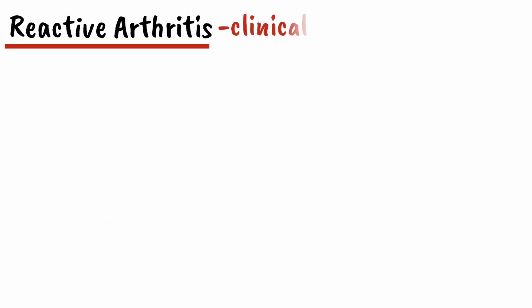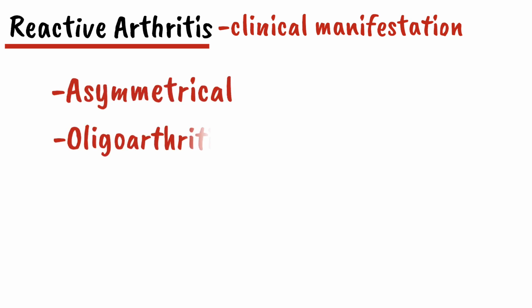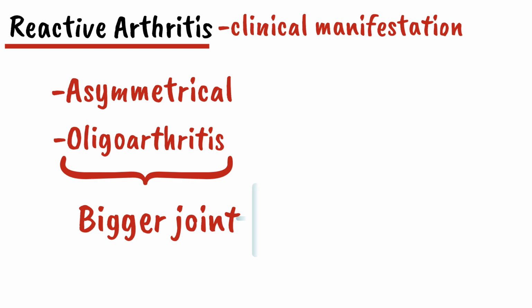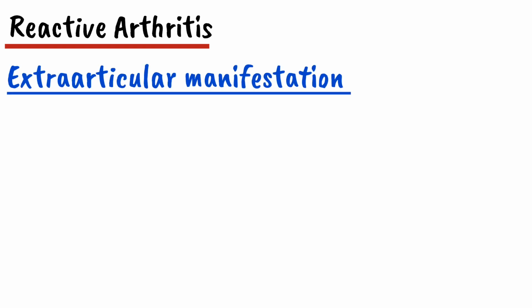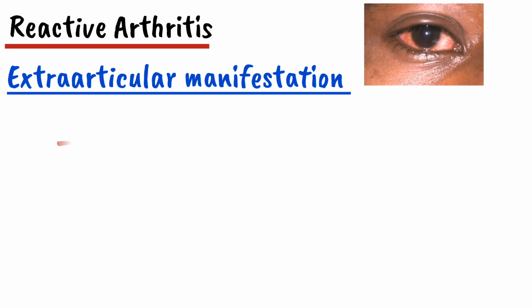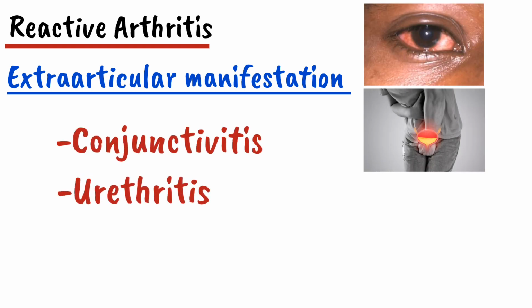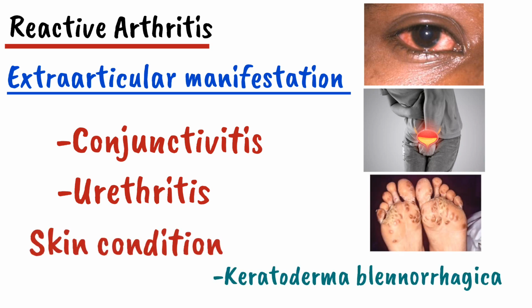Clinical manifestation of reactive arthritis will be that the patient will have an asymmetrical oligoarthritis involving bigger joints such as knee and ankle. Along with this, the patient can also have enthesitis and dactylitis. Apart from these articular manifestations, the patient can also have extra-articular manifestations such as conjunctivitis and urethritis. The patient can also have a skin condition such as keratoderma blennorrhagicum.